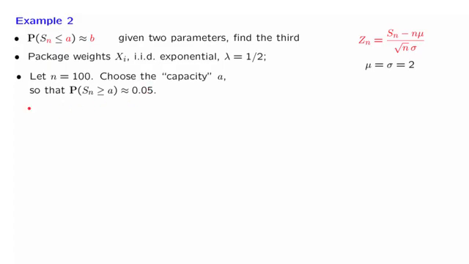So we proceed as follows. We want this number 0.05 to be approximately equal to this probability, but now we take this event and rewrite it in terms of the standardized random variable. That is, we start from both sides of the inequality and subtract n times mu, which is 200, and then divide by the standard deviation of Sn, which is 20, exactly as in the previous example.